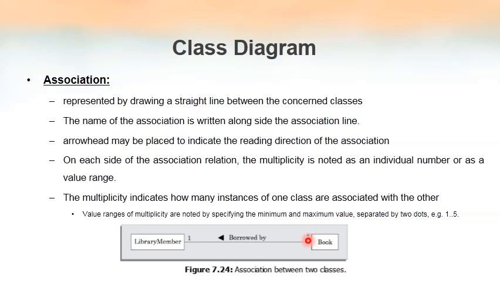That means one library member can borrow at least one book and a maximum of 5 books. I hope you understood. This is how we represent the association relation between two classes.